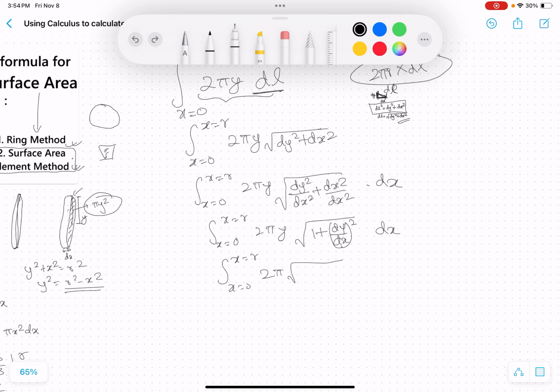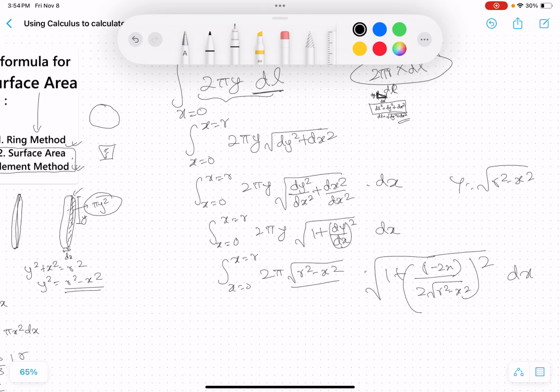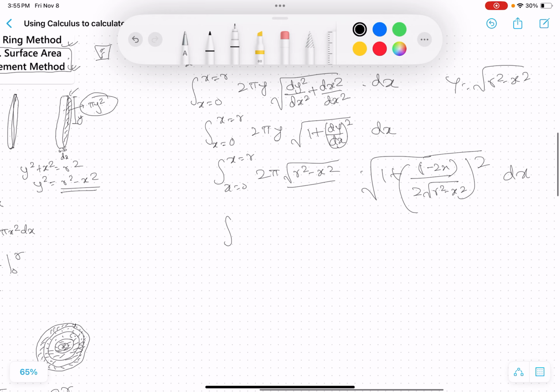And now what is dy by dx? If y is square root of r square minus x square, dy by dx is just 1 by 2 root r square minus x square times minus 2x. Guys, don't be afraid of this. This will just cancel out in a second. We don't need to write the limits on the differential because it is already in terms of x, so it will be understood by default.